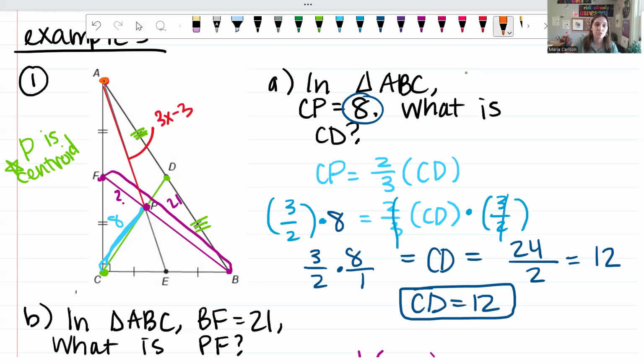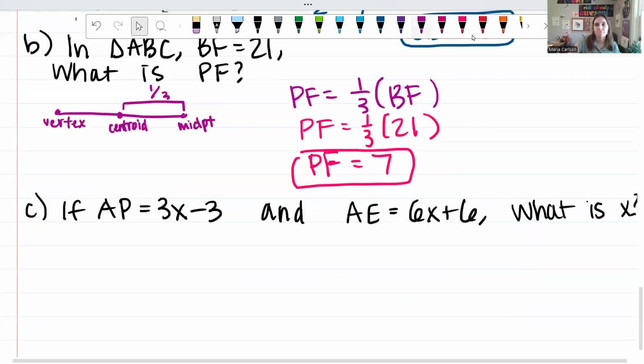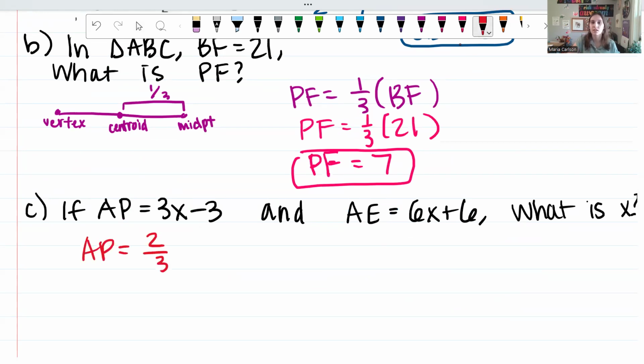And I want to remind you that the centroid, the distance from the vertex to the centroid, is 2/3 of the whole. So this AP, from the vertex to the centroid, is 2/3 of the whole, AE.